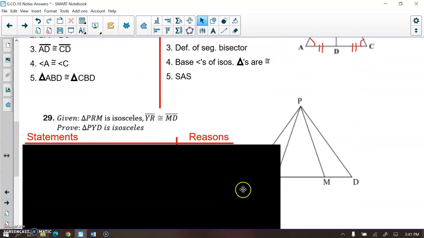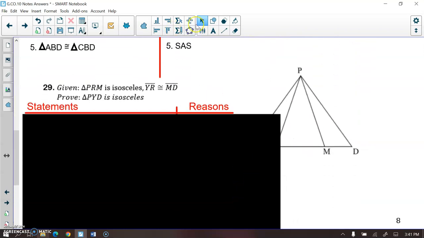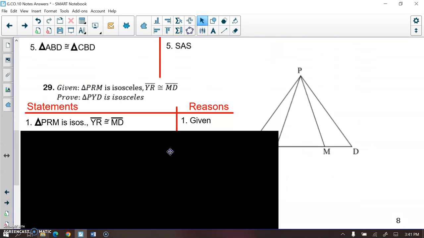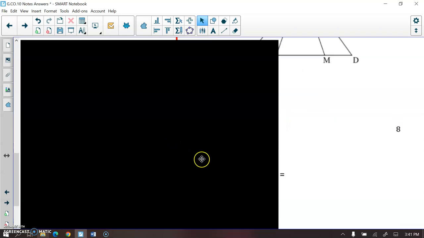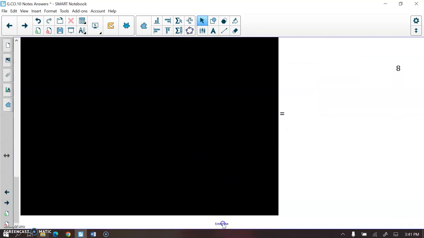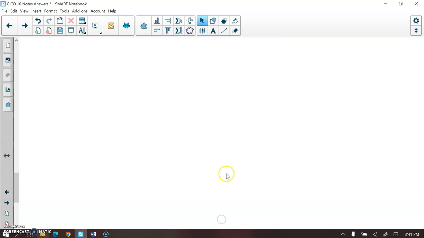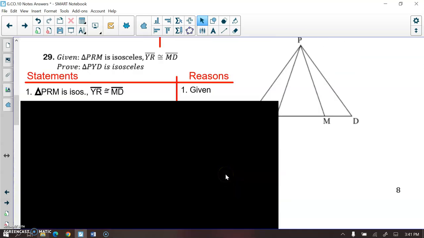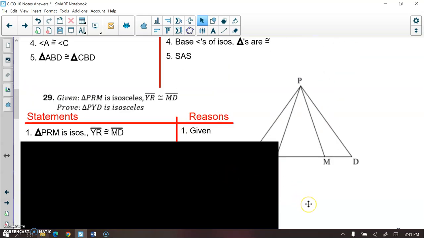Now bear with me for number 29. This is going to be a long one, okay? We are given triangle, and let me make this very large so it doesn't keep popping down on me. All right, we are given triangle PRM is an isosceles triangle. We are also given that YR is congruent to MD.